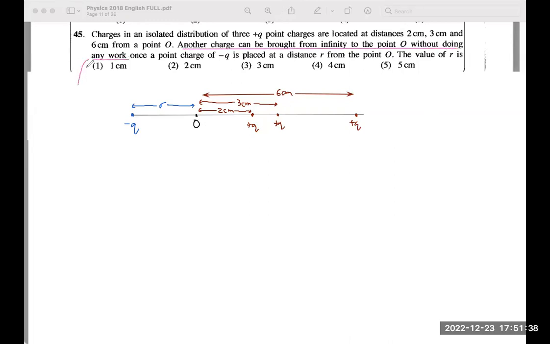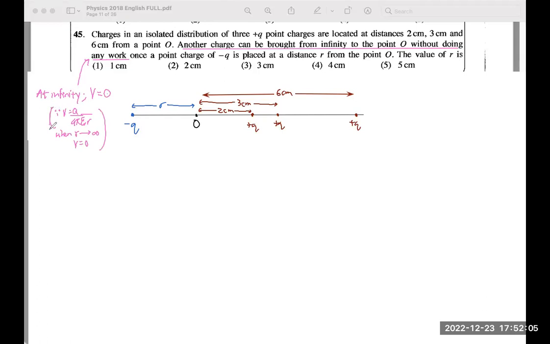That means now at infinity, what is the electric potential, people? At infinity, electric potential is 0. Why? Because we know V is equal to Q over 4 pi epsilon naught r. When r is infinity, V has to be 0.